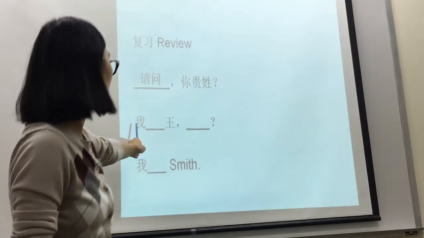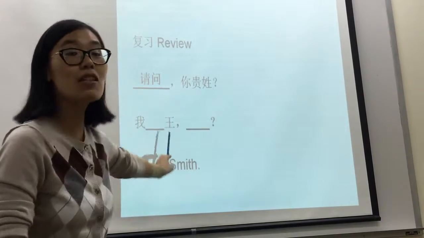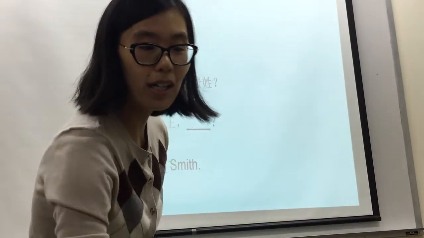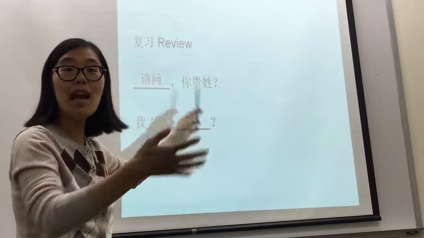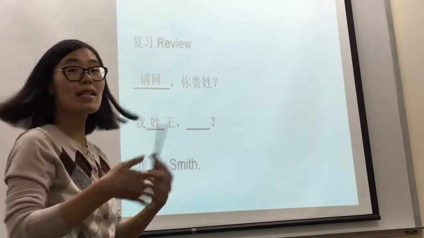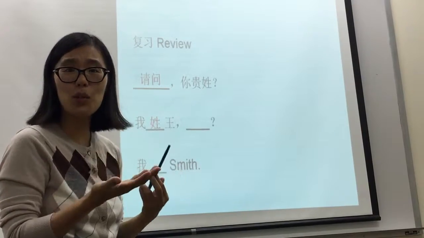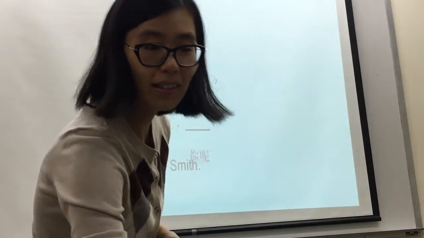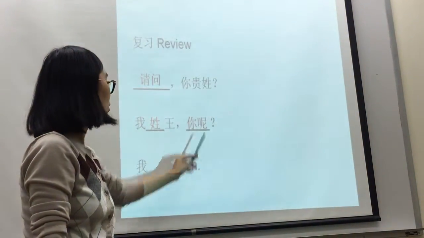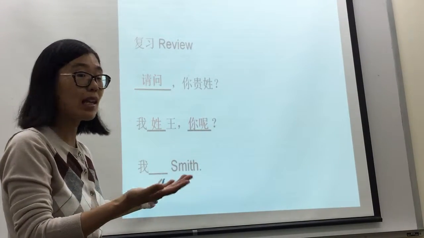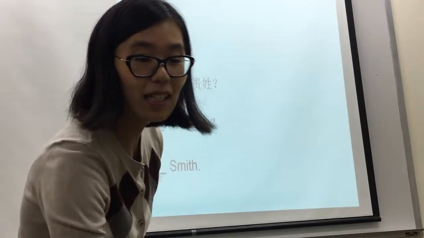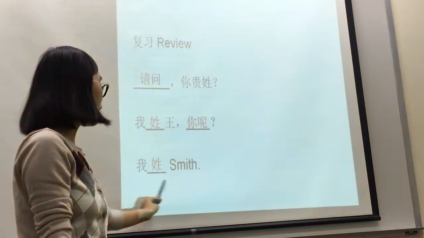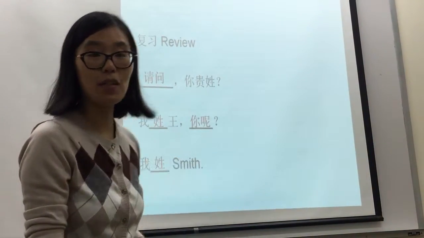And how to answer? 我姓王, 我姓王. And we want to ask back. 我想问他的名字叫什么? What do we say about how about you? 你呢? 你呢? Okay, and now the other person will say 我姓 Smith. 我姓 Smith. This is the first quiz.